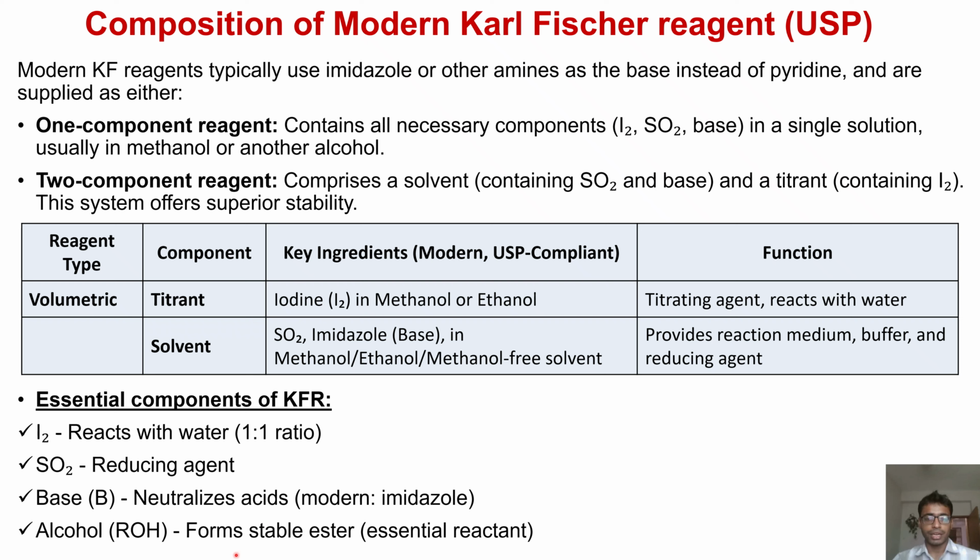Then alcohol forms a stable ester, which is an essential reactant. We'll see later how it forms the ester, because there must be some stability of the product that has been formed by this reaction, and the stability is increased if a stable ester bond is formed, and this bond is formed by using alcohol.